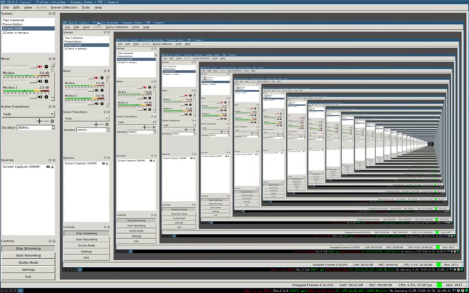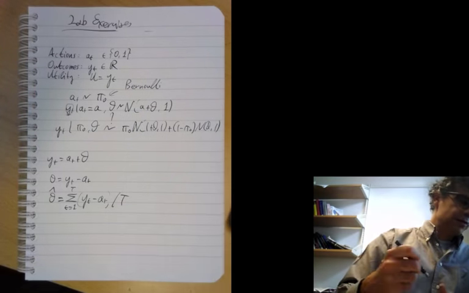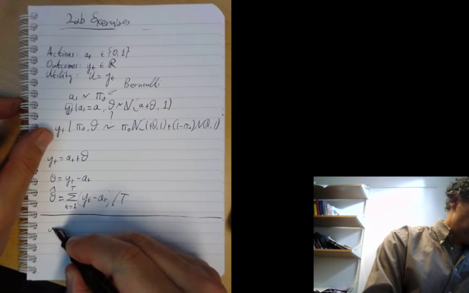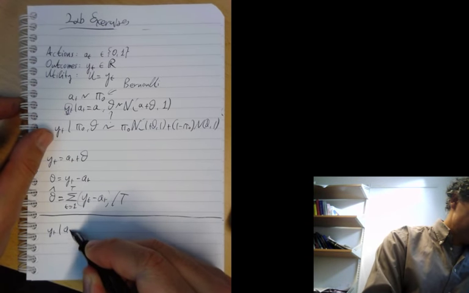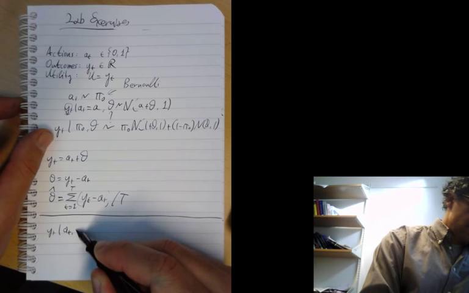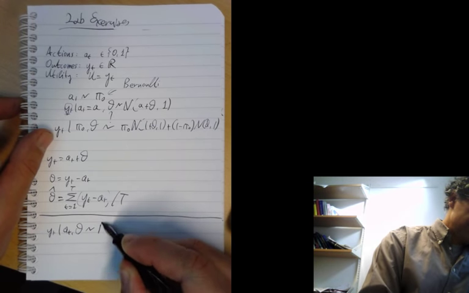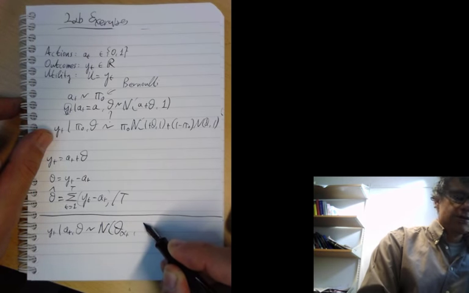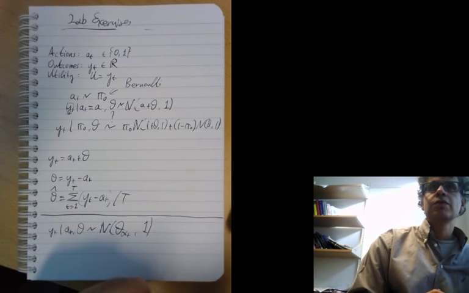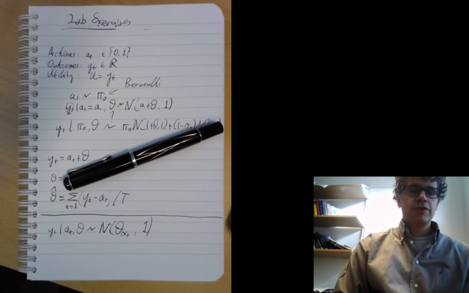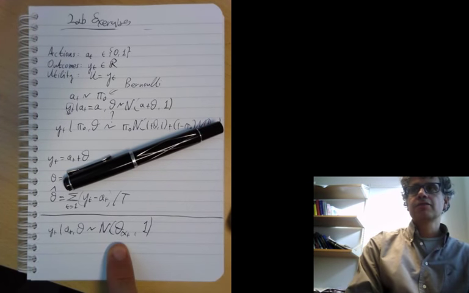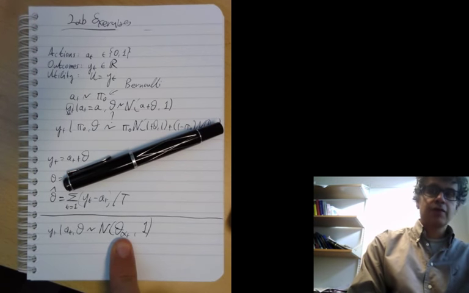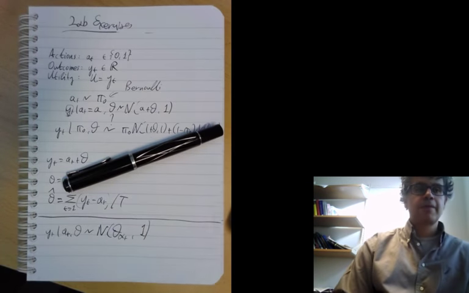So we just have y_t given a_t and theta comes from a normal distribution with parameter theta_{a_t} and some variance, let's say 1. Doesn't have to be 1. Now we have two different parameters to estimate, and if we always take the same action, then we'll only estimate one parameter.